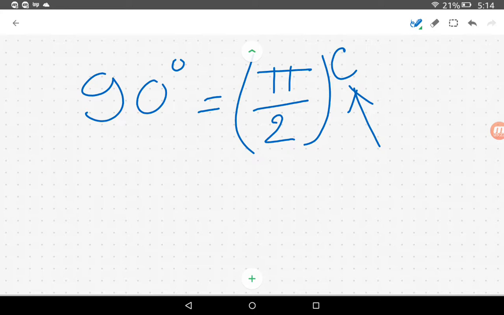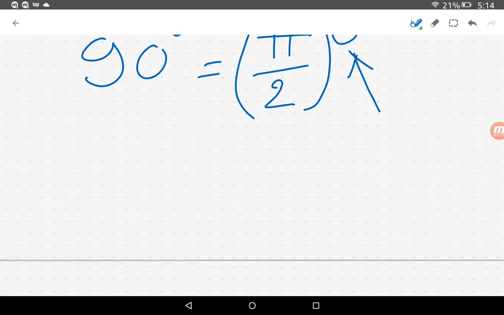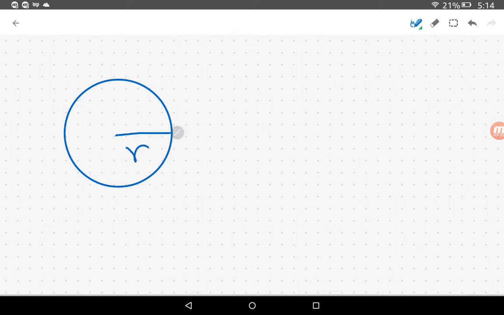So let's talk about radian now. What is radian? To understand radian, let's consider a circle. Suppose this is the center of the circle, and this is the radius r of the circle. Now I want to travel r distance along the arc.